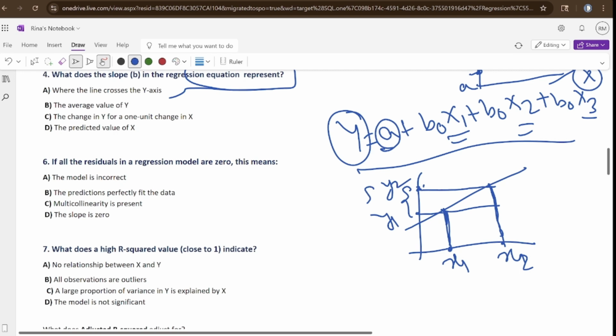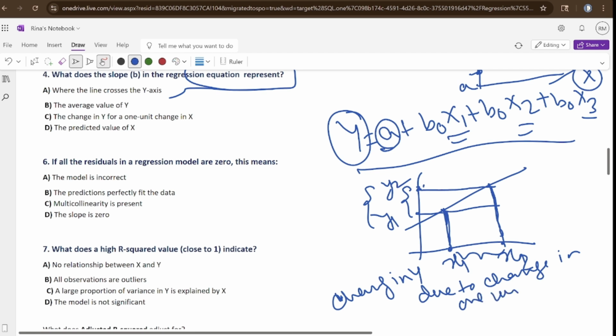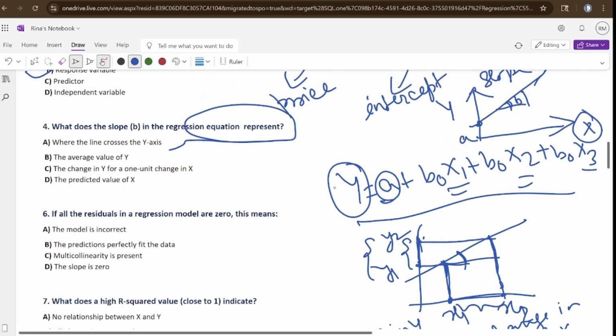So the change in y due to change in x is called slope. But when it's the change in y due to change in 1 unit of x, then it is called slope. This is the definition of slope. So you can explain that for changing this much in x, there will be this much of change in y. Okay. So the change in y for unit change in x.